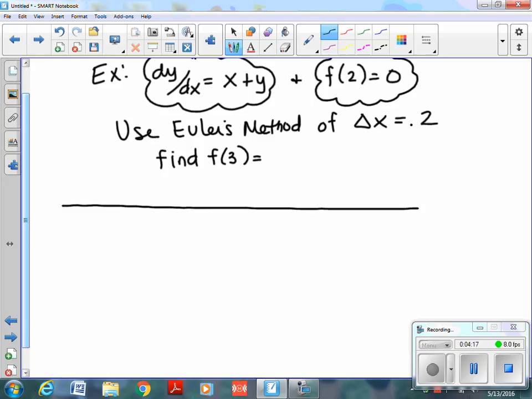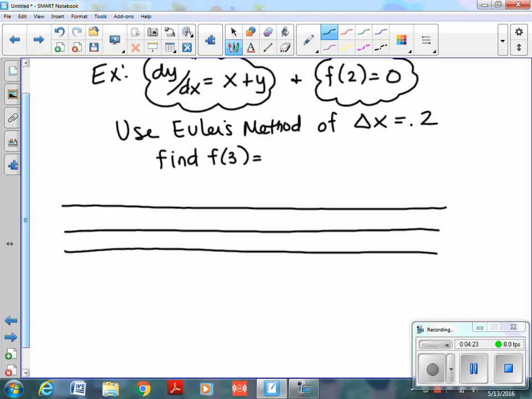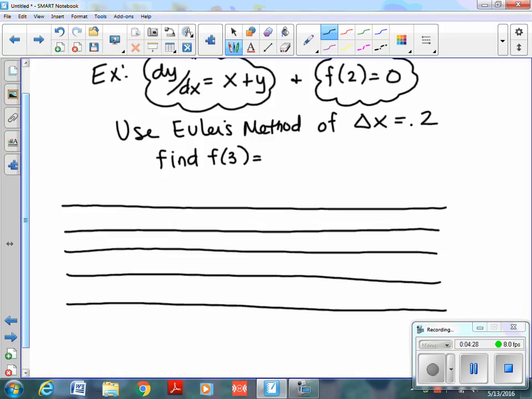You're going to make yourself a chart. And this is the beginning point. This is dy dx. This is the change in x.